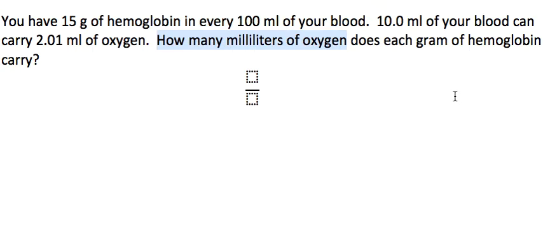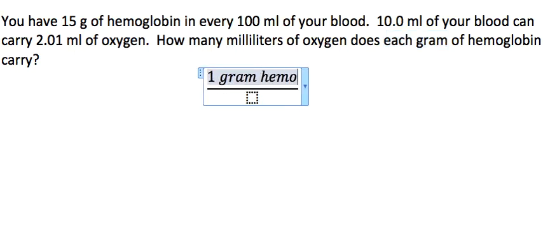So here's where you ask yourself, okay, milliliters of oxygen in what? Well, I see each gram of hemoglobin. So I'm starting with a gram of hemoglobin. Notice I put a number, a unit, and a substance. And with this problem, that's pretty important because I've got milliliters of blood and milliliters of oxygen, and I don't want to confuse those two.